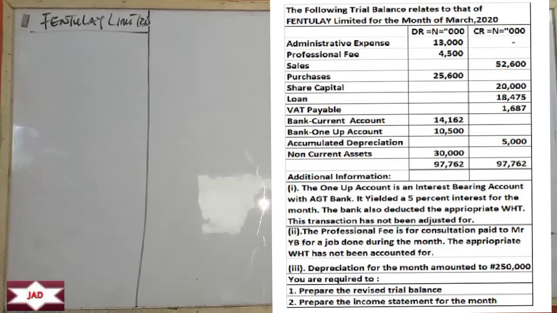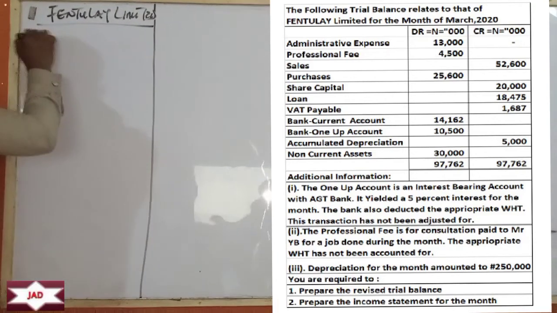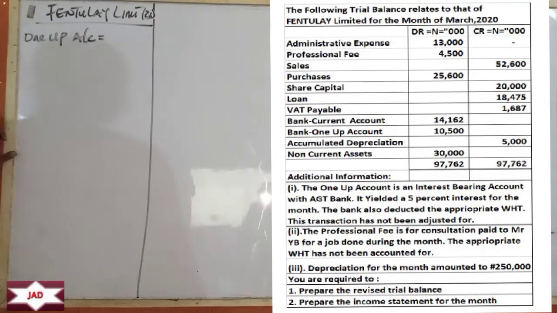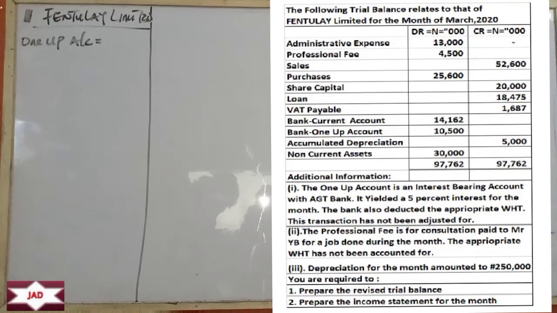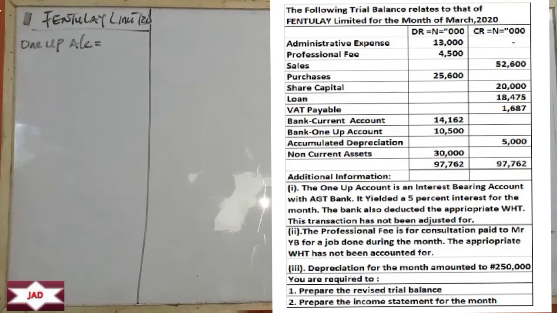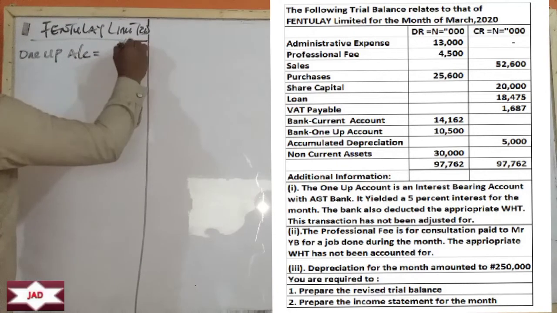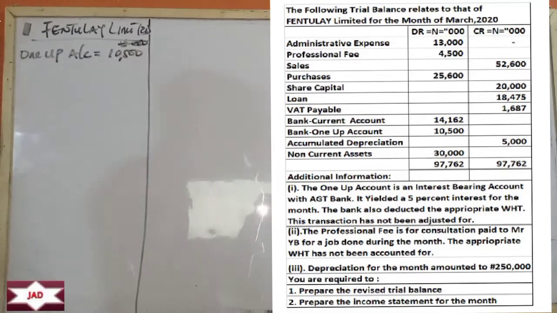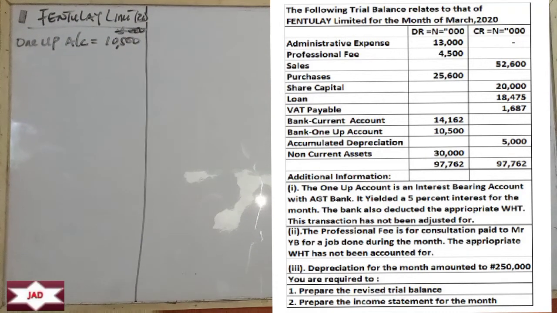The one-up account is an interest-bearing account. So what's the one-up account balance now? Go to the trial balance there. One-up account there, 10,500,000. Now they said there's an interest on that account, right?